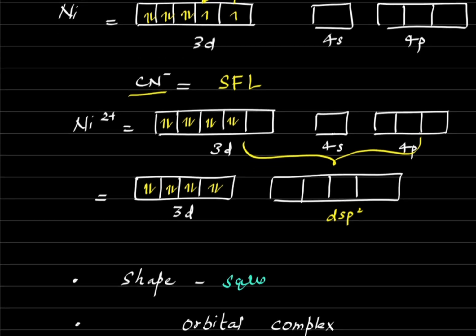That is the shape we get with hybridization dsp2. Now they are ready to accept electrons from 4 cyanide ligands.